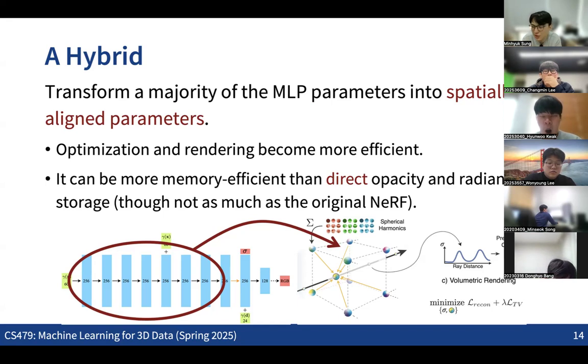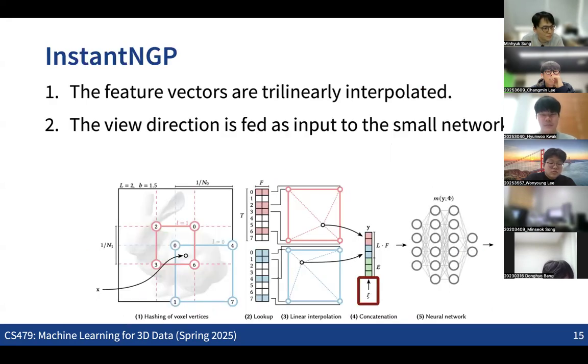To handle this trade-off between computation time and memory, we are going back to a voxel plus latent feature representation. We still have per-voxel information, but it is decoded with a shallow network. That is the way we can balance between these two.